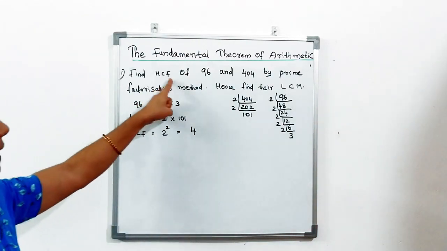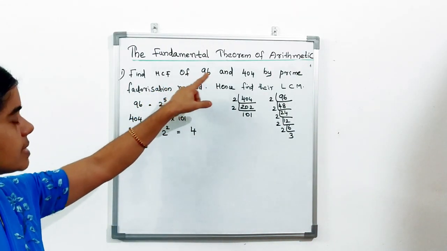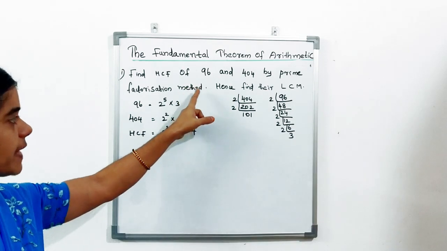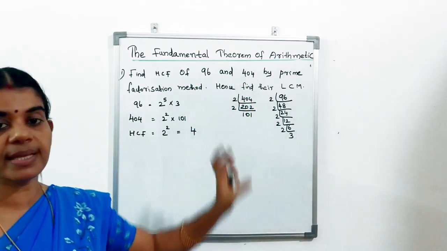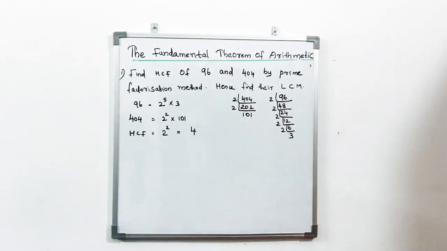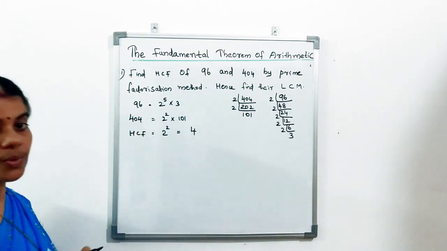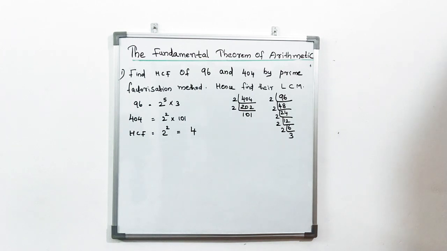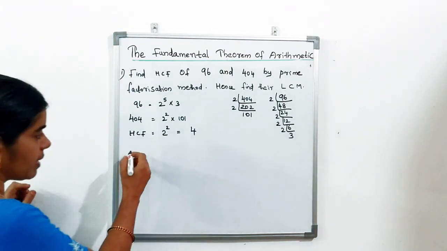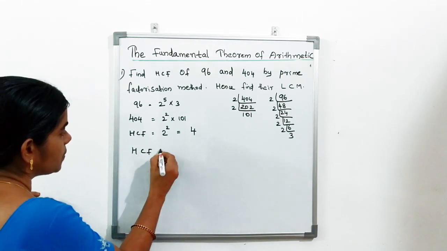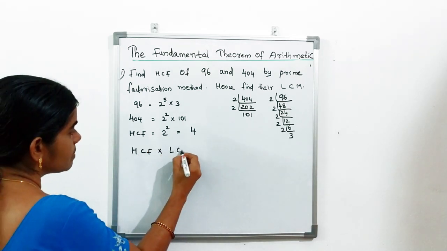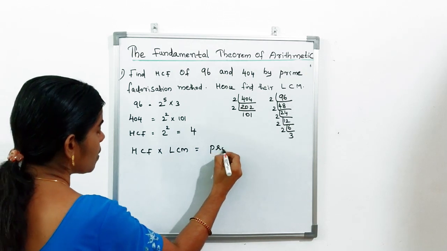Then what they told: find the HCF of 96 and 404 by prime factorization method, hence find their LCM. For 96 and 404, we know that HCF into LCM is equal to the product of two numbers.